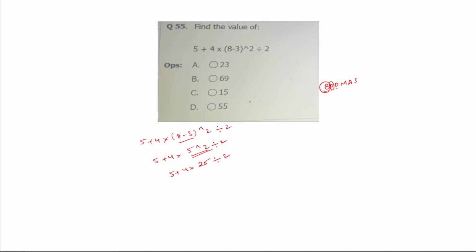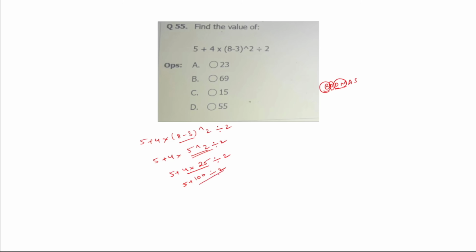And then we have D and M. D stands for division and M stands for multiplication. But these two have the same priority, and we need to solve from left to right. So here we have multiplication first. That is 4 into 25, 100. So 5 plus 100 divided by 2. Then we need to divide.